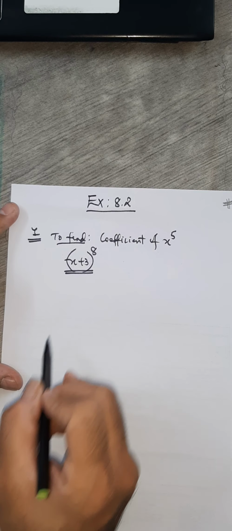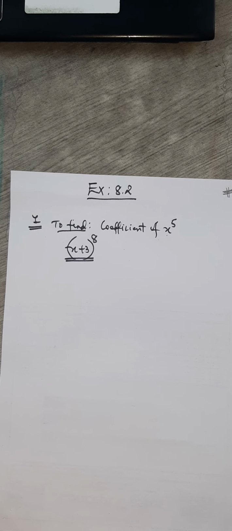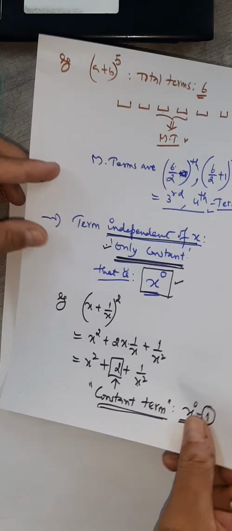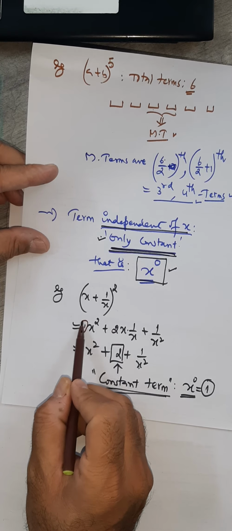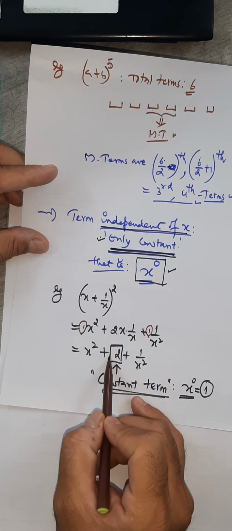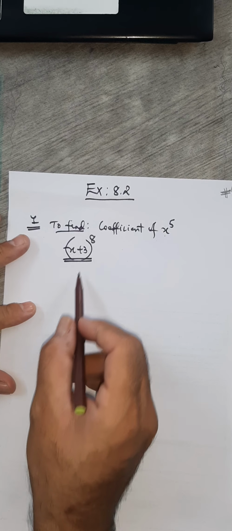To get the coefficient of x raised to 5 means x raised to 5 के बाजू में जो number आ रहा है, that's called the coefficient. Like here, what's the coefficient of x square? 1. What's the coefficient of 1 by x square? 1. And what's the constant term? 2, remember. So we want here a number, a constant, as a coefficient of x raised to 5.